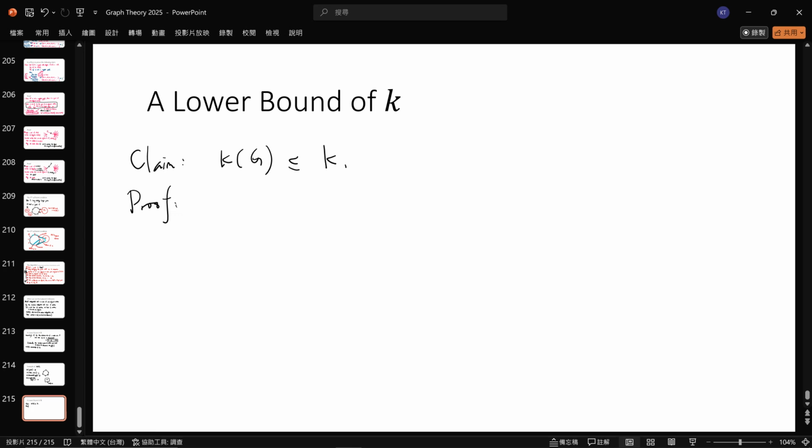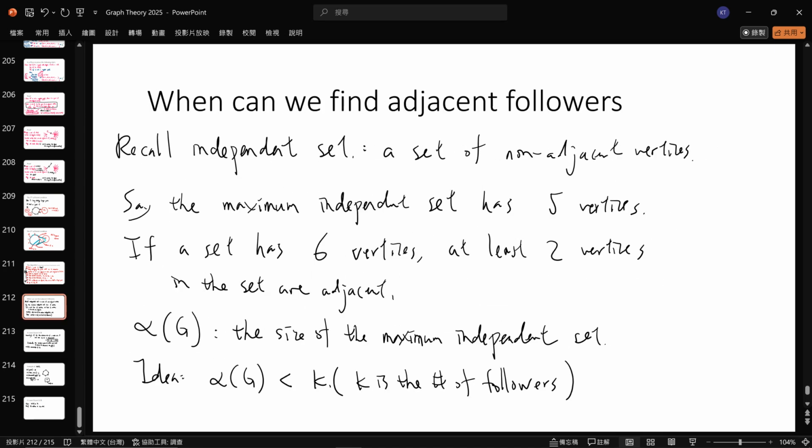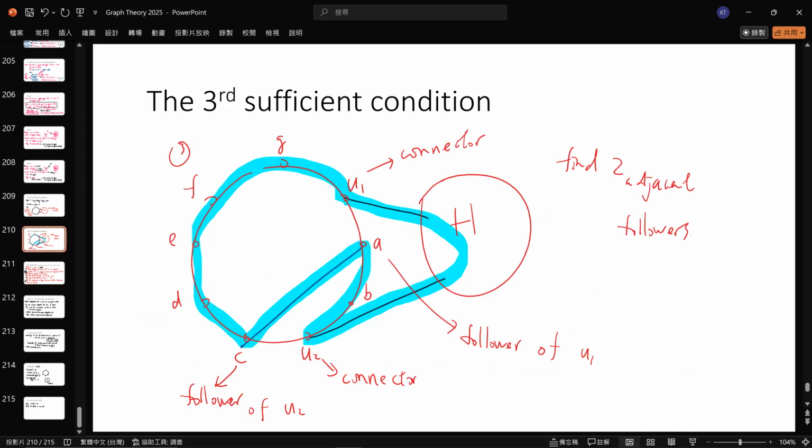The proof is quite easy. First, recall that k is not only the number of followers. k is also the number of connectors, the vertices that connect the cycle and the component.